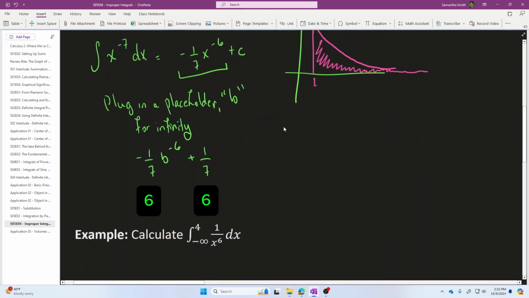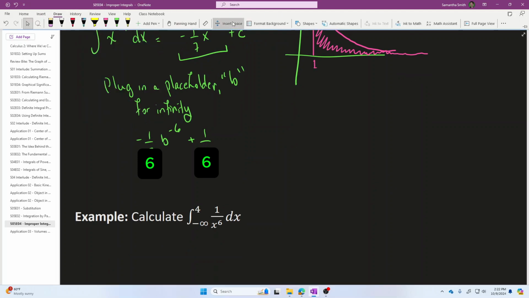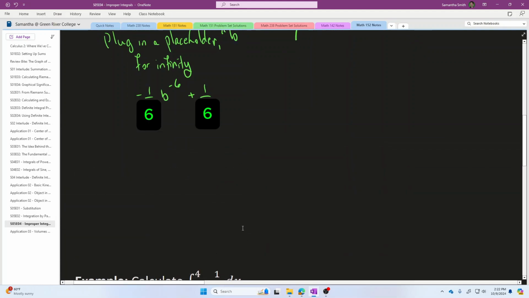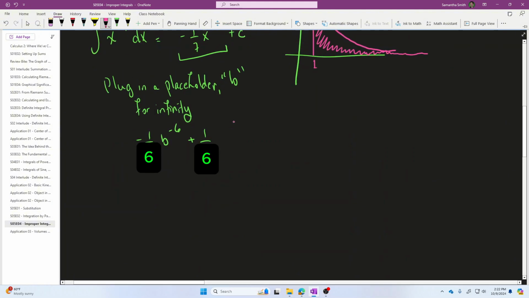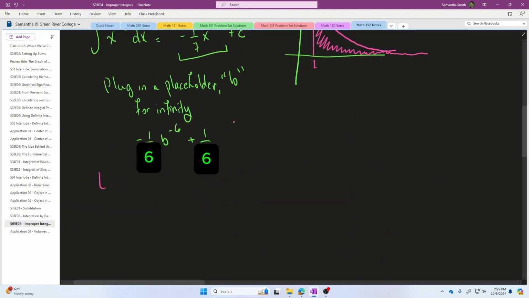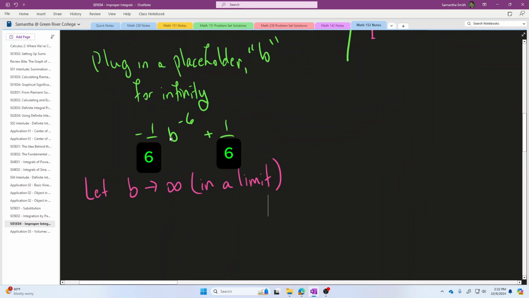and I've subtracted those two results, now I'm going to simply let my placeholder b approach infinity. And if you wanted to be really careful, you could express it as a limit: let b approach infinity in a limit. So let's think about what happens to this quantity as b becomes very, very large.